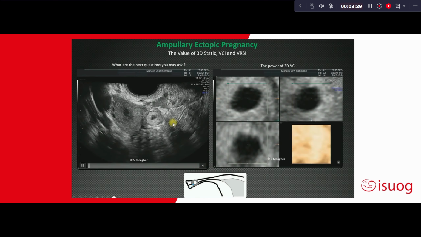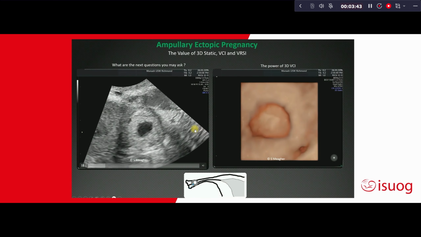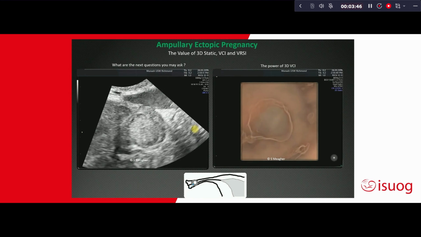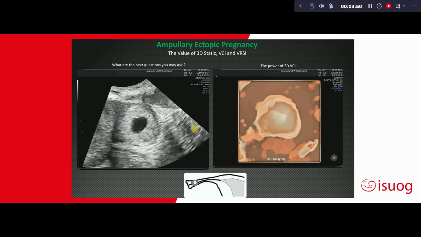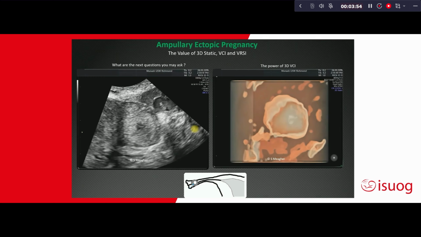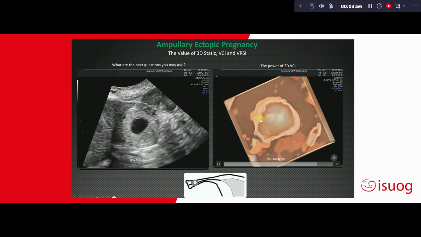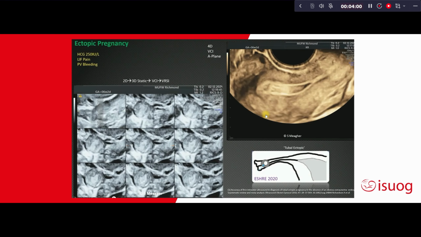This is taking a volume of the ectopic pregnancy and then demonstrating the internal echotexture of the gestation sac using 3D technologies. When we rotate this around the y-axis, we can see it's not actually spherical, but rather a disc-like structure. Not surprising, considering it is compressed by the fallopian tube.